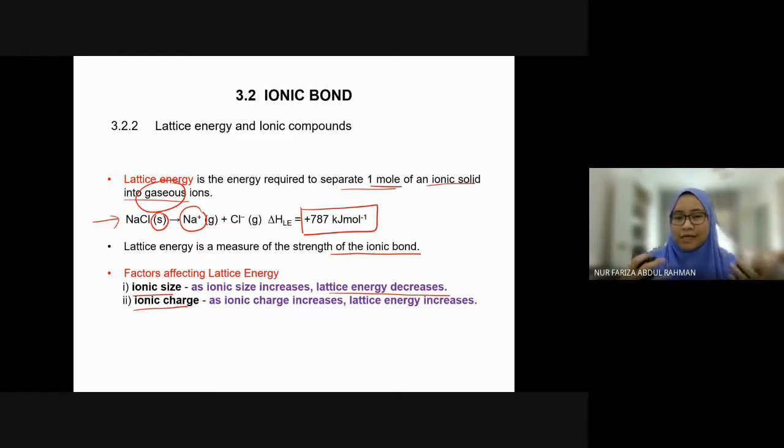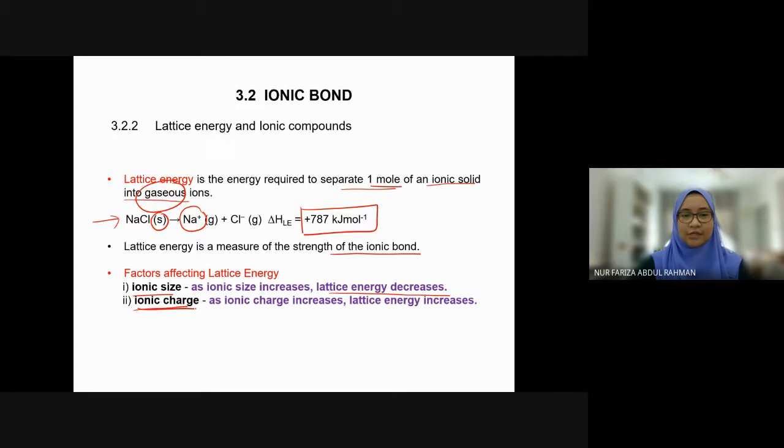So bila weaker dekat situ, by right the lattice energy pun lemah lah. Maksudnya energy required pun not as much. Remember, energy tu digunakan untuk separate the solid tu kepada ions-ionnya, nak pecah-pecahkan dia. So kalau the size increases, that means attraction is lower, weaker. That means the energy needed to separate them is not as high.